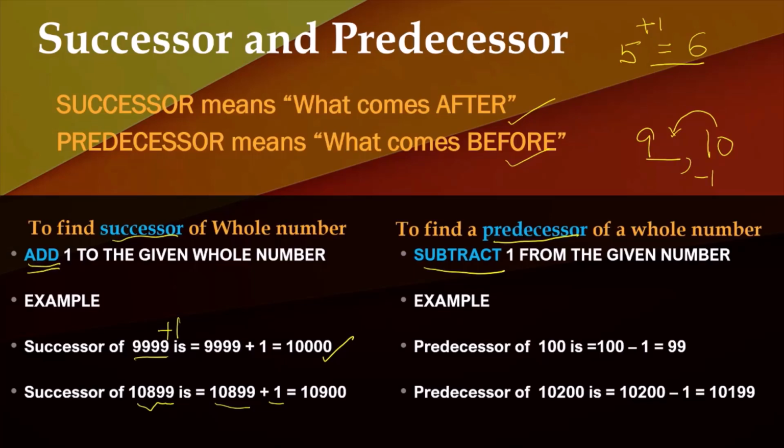Similarly, if we want to find the predecessor of 100, we subtract 1 from 100, and 99 is the predecessor of 100. Similarly, the predecessor of 10,200 would be found by subtracting 1 from the given number, and the answer would be 10,199.